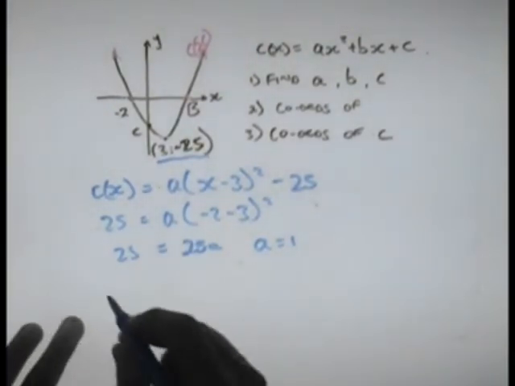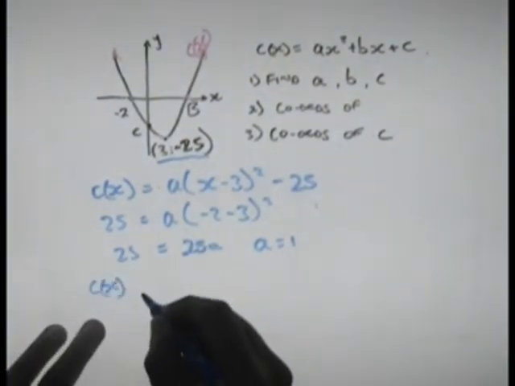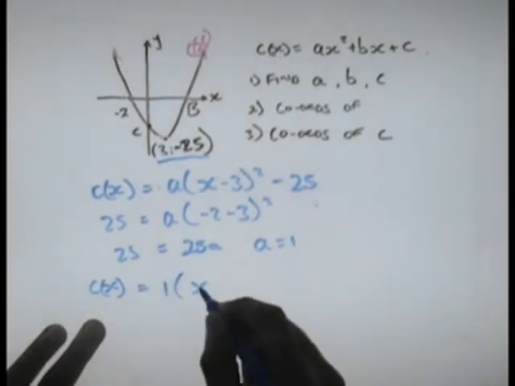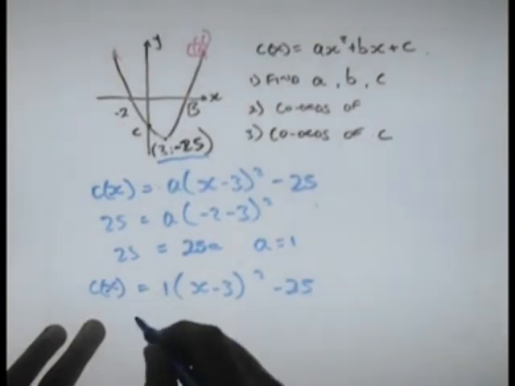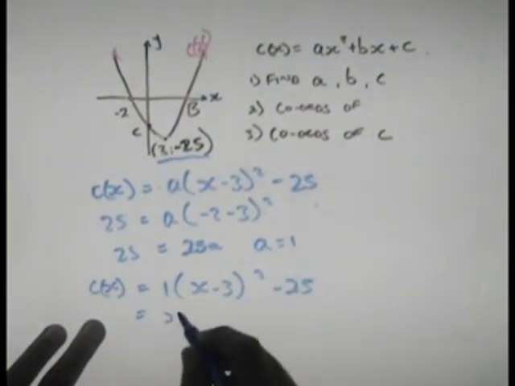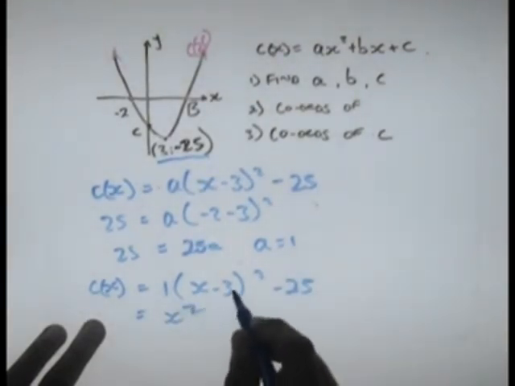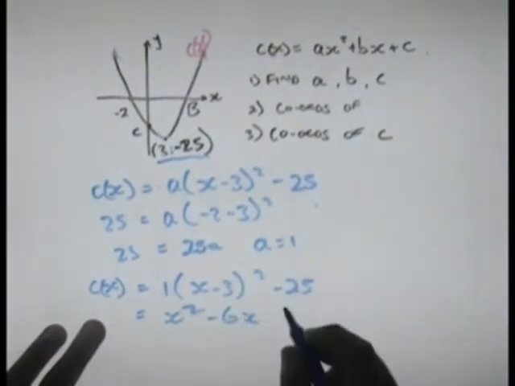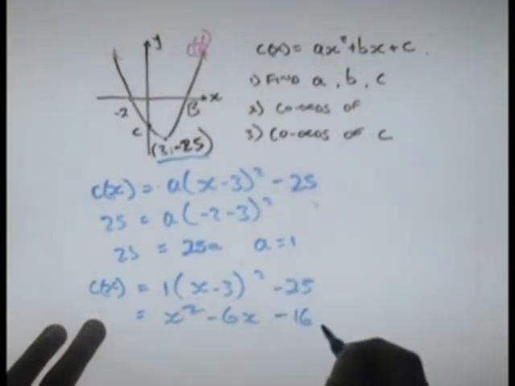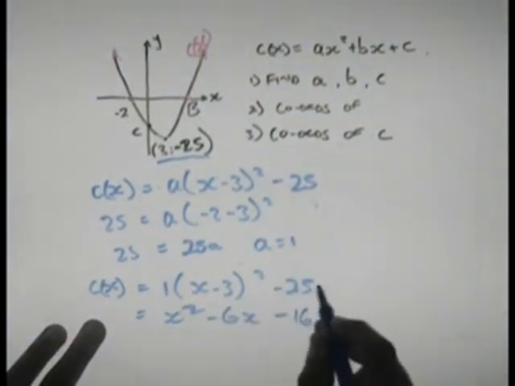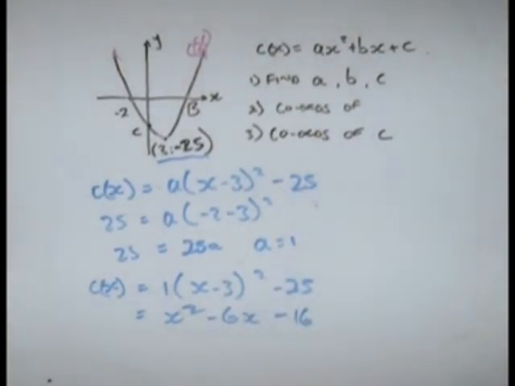I'm not yet done with it. It now reads c of x is equal to 1 times (x minus 3) squared minus 25, which converts to x squared minus 6x plus 9 minus 25, which is minus 16.